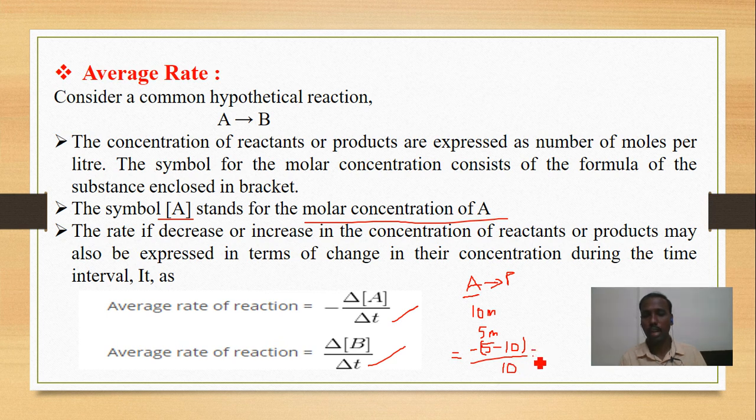So, we get 5 by 10, and finally we get 1 by 2. So, we can see very clearly that finally the rate of reaction is always positive.